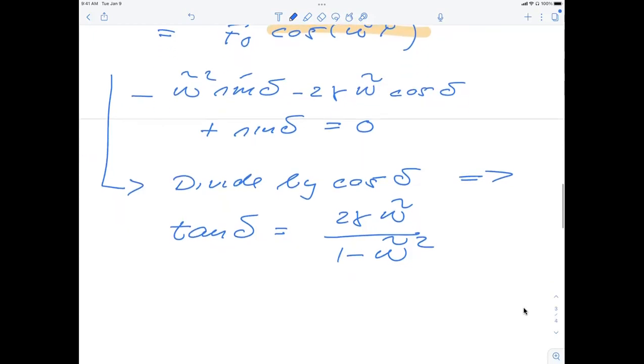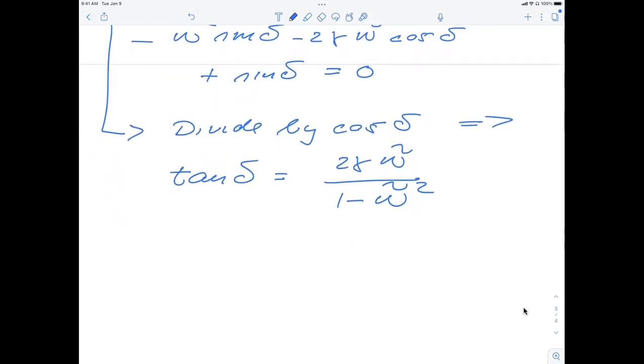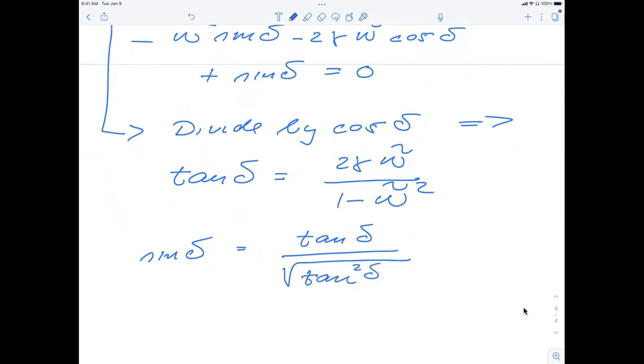So one thing you may remember is that sine of delta, which we will be interested in, is actually given by tan delta divided by the square root of tan of delta squared plus 1. So what I can do now is plug this one into here.